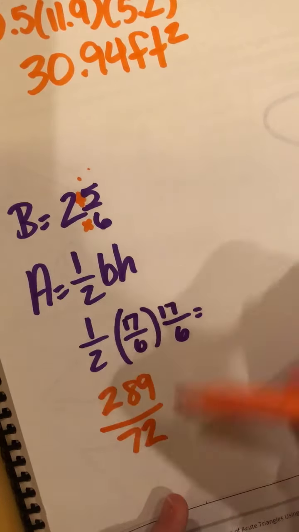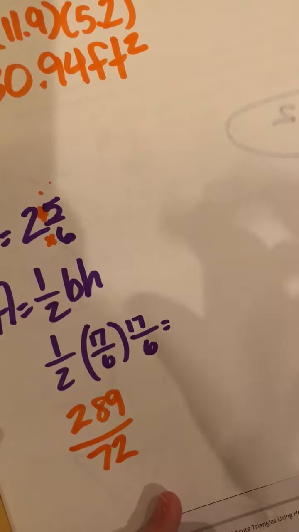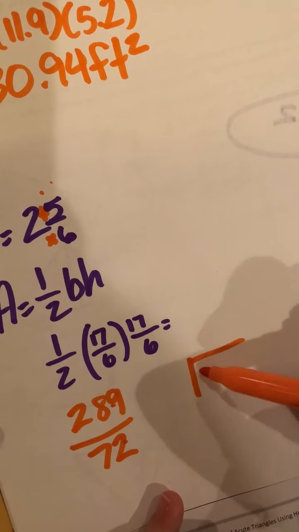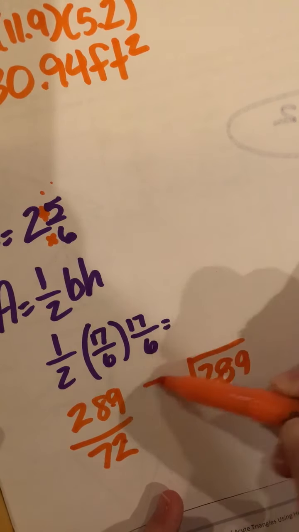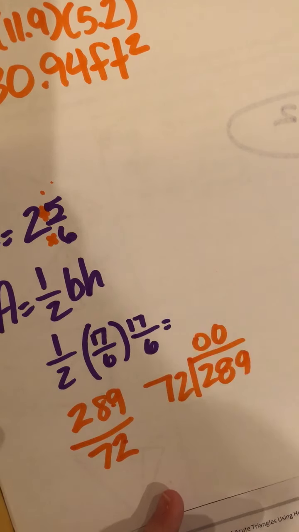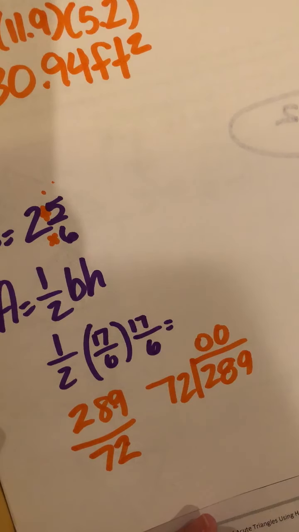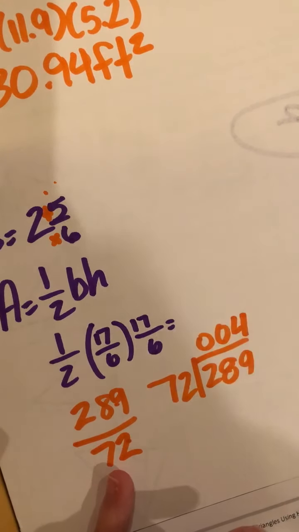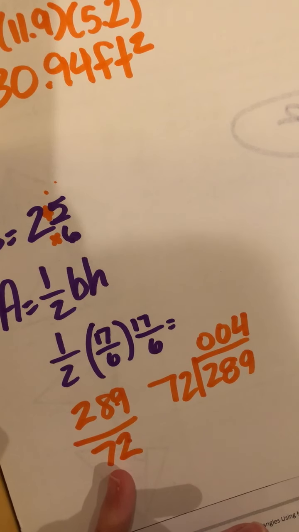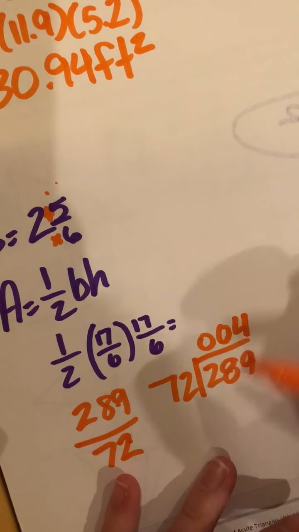This is improper. It's not totally right. So I'm going to divide 289 by 72. 72 cannot go into 28, cannot go into 289 wait, so I'm going to have to do 289 divided by 72. It can go in 4 whole times. 4 times 72 is 288.